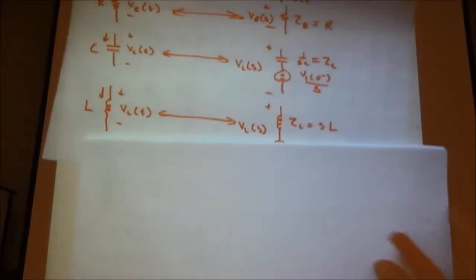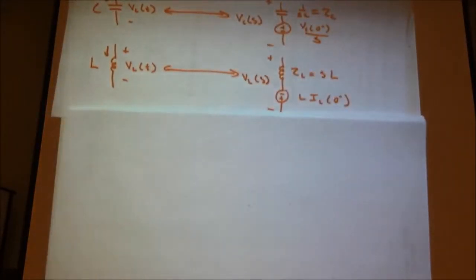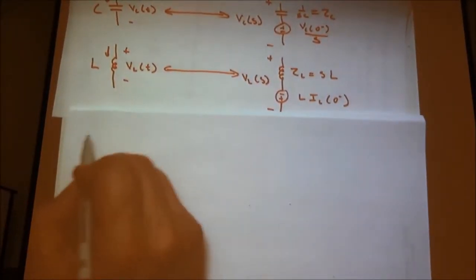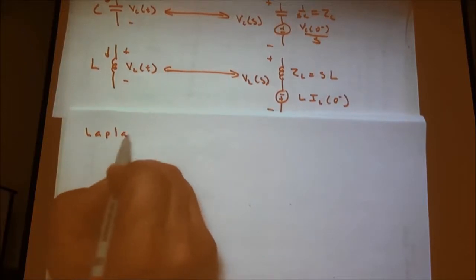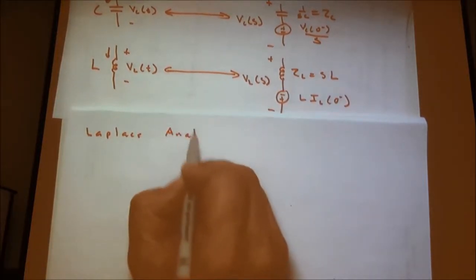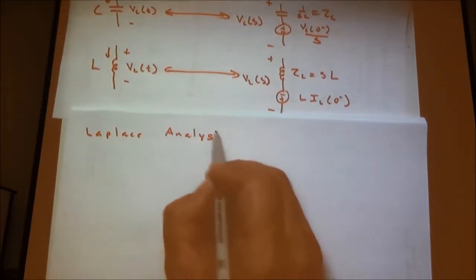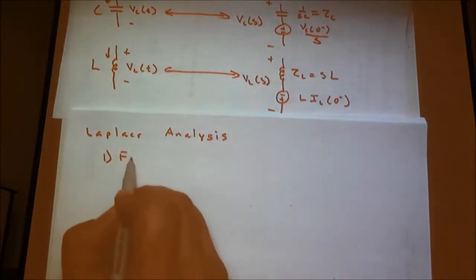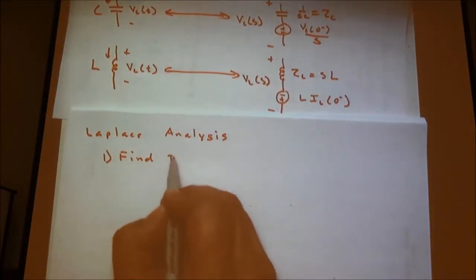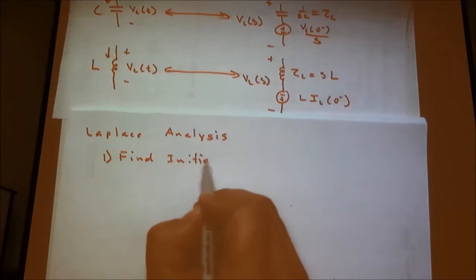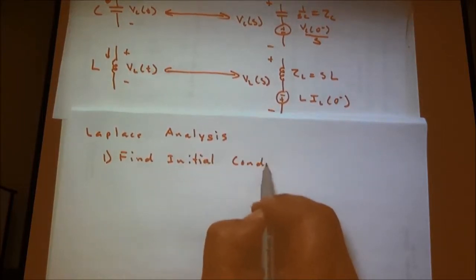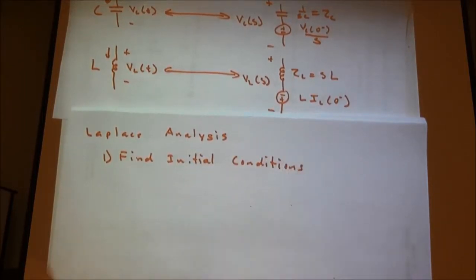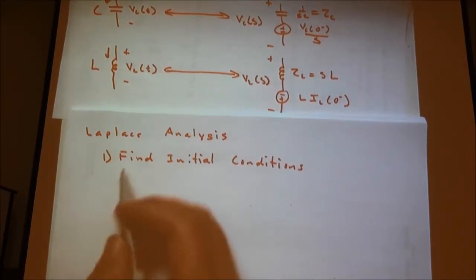And so, if you recall, we had a little procedure here to analyze circuits, or Laplace analysis. What we wanted to do was find the initial conditions. We had to do that in differential analysis as well, so this is not dissimilar. But you need to find the initial conditions to find the Laplace equivalent circuit.